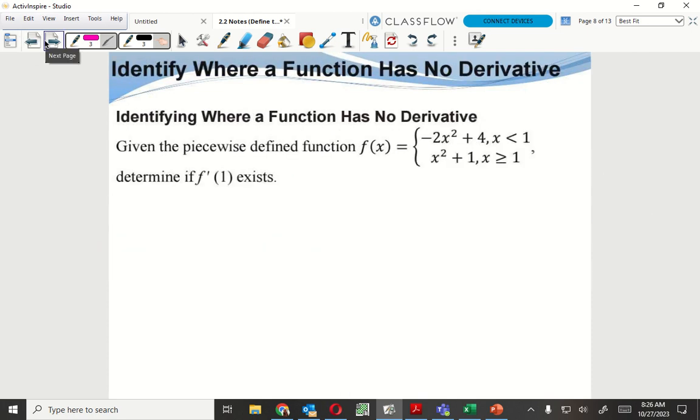Okay. Identify where a function has no derivative. Piecewise derivative here. Determine if f prime of 1 exists. Now, let's go ahead and take a look. Right here on this piece, if I plug in 1 for this, that's going to be -2 times 1 squared plus 4, which is going to give me a 2.